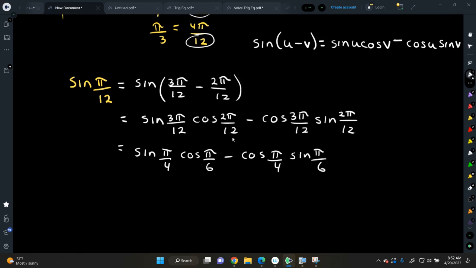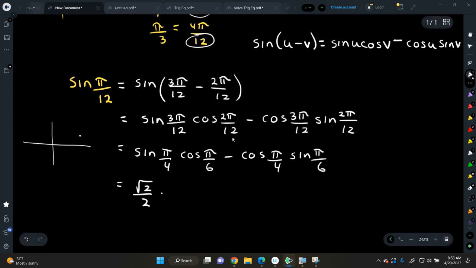So radians are harder to work with because we have to work with fractions, and nobody likes fractions. Okay, sine of pi over 4, we know that is root 2 over 2. Cosine of pi over 6, well, pi over 6 is right here, so that's root 3 over 2.